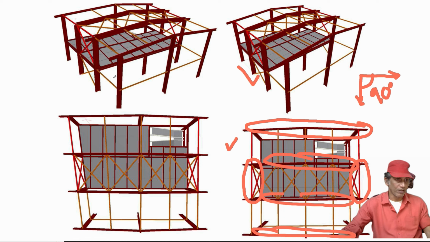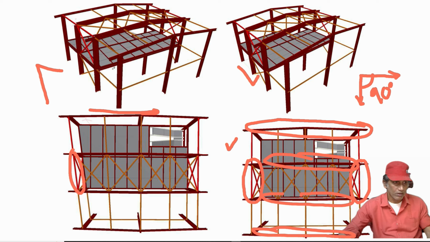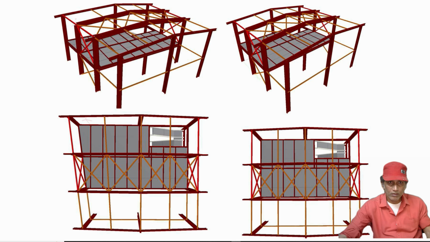Now come to this building. See, in the 3D view as well as on the plan, this frame is at an angle to this frame. So it is something like this. Obviously this angle is less than 90 degrees.